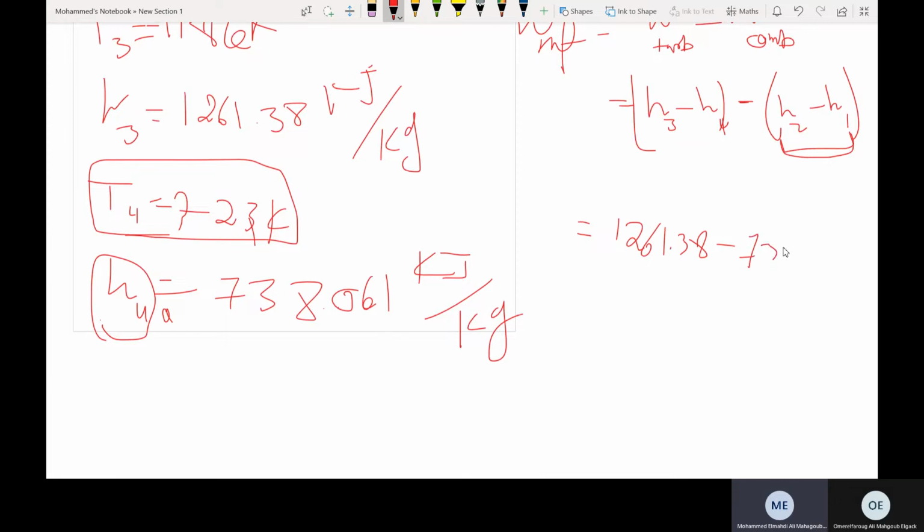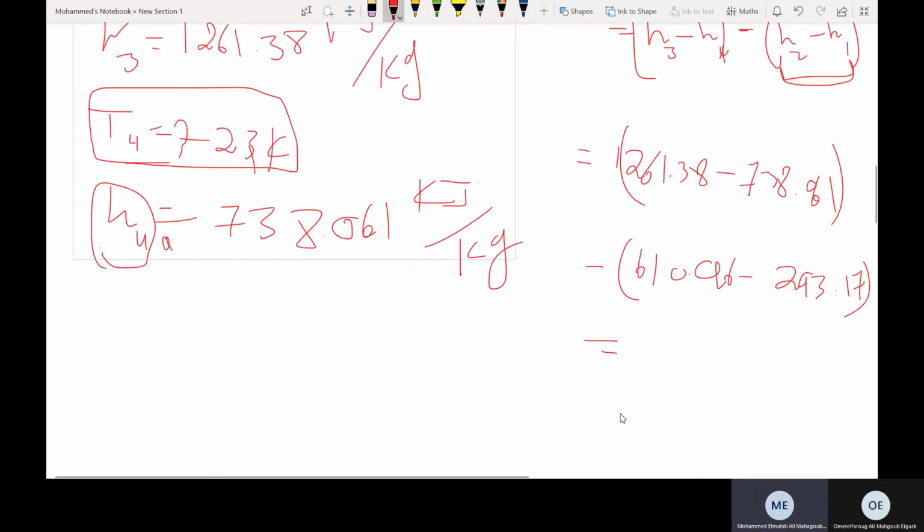That's why we always go for the actual values. Minus H2, which we calculated before, again the actual one, minus the H at point 1, which is 293.17. So this is going to give us the specific work.